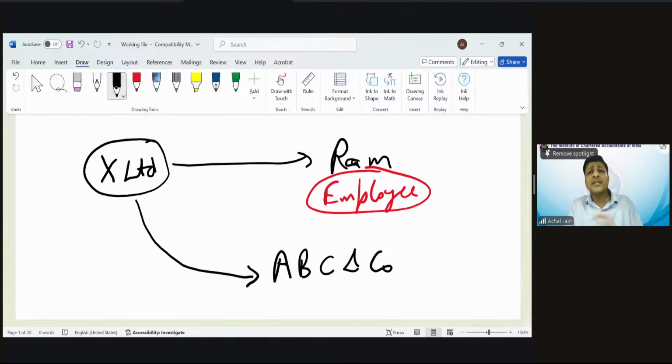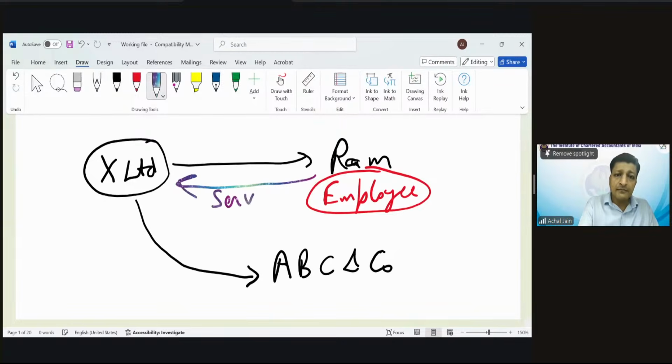ABC and company is not the auditor; it will be required to render some professional services. Now, in both the cases, if you look at Ram as well as ABC and company, services are being rendered. Yes or no? So Ram is rendering services. ABC will also be rendering services. Correct?